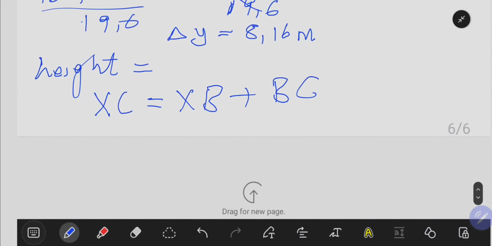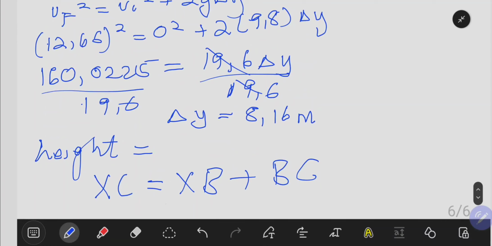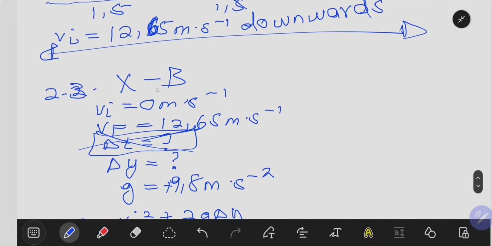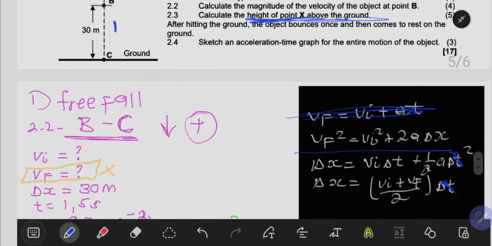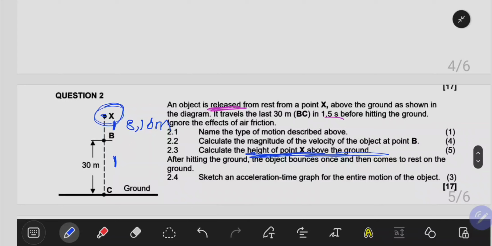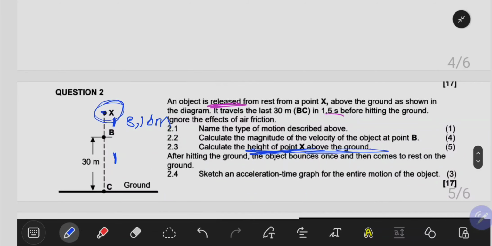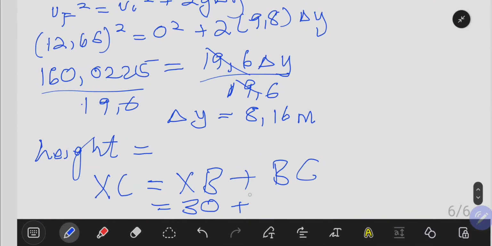So we know that the displacement between B and C was given to be 30, and then the displacement that we calculated here was the displacement from X to B, which is 8.16.